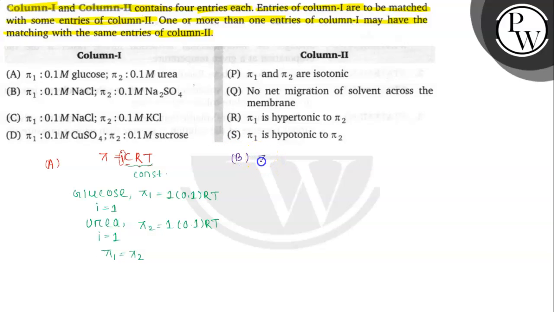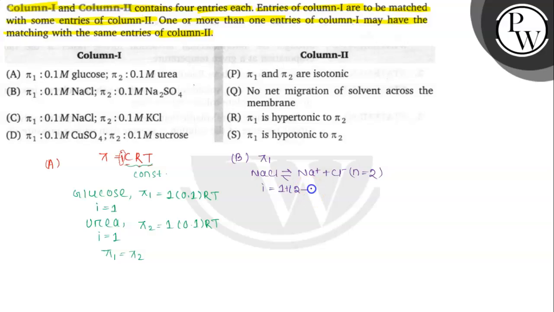So in B, pi 1, that is for NaCl. NaCl is dissociated into Na plus and Cl minus, and the number of dissociated ions is 2. The i value is 1 plus n minus 1 into alpha.